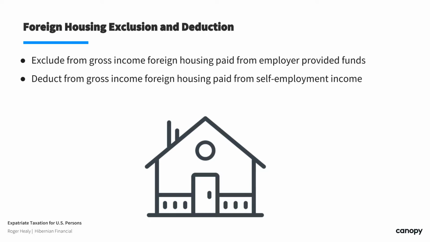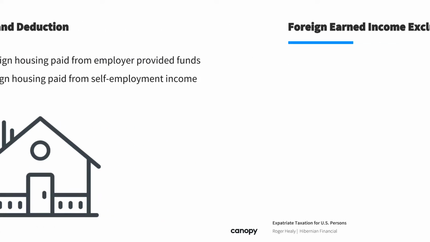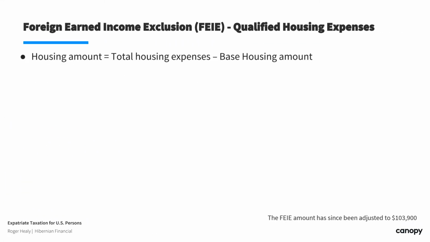So, what are qualified housing expenses, and how do you calculate the housing amount that can be excluded? Well, the housing amount is the total housing expenses, as allowed for, less a base housing amount.